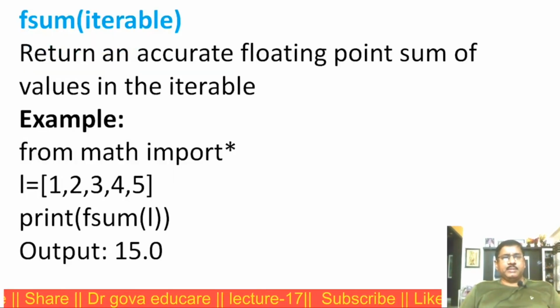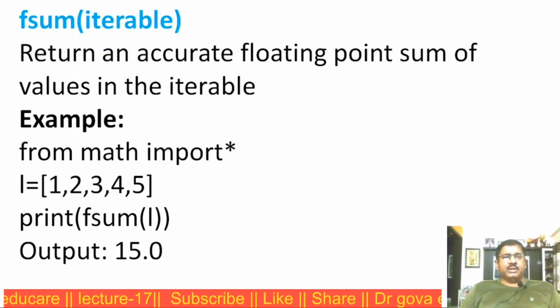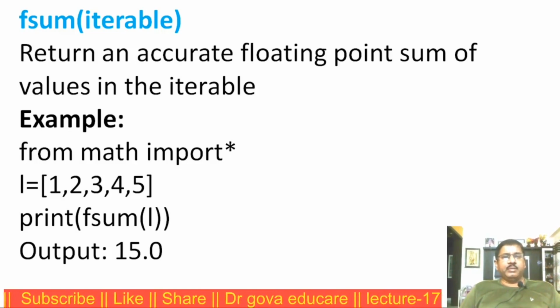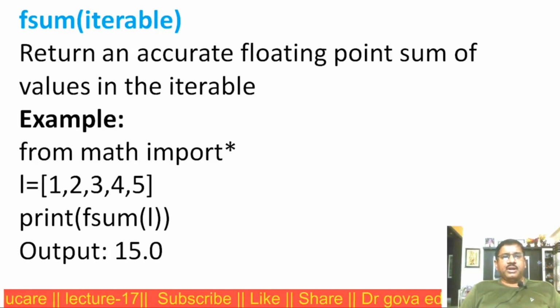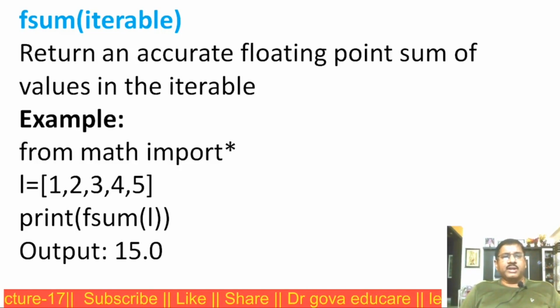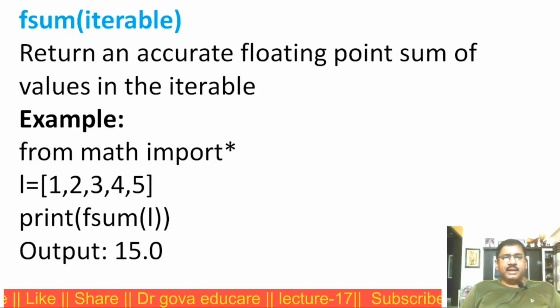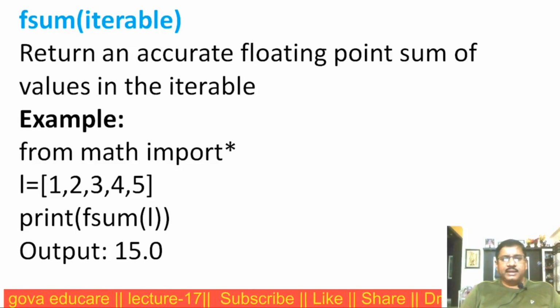Now the next mathematical function, fsum function. The syntax is fsum of iterable. Iterable means a range function or list or tuple, all should be in numerical values only. This function returns an accurate floating point sum of values in the iterable.